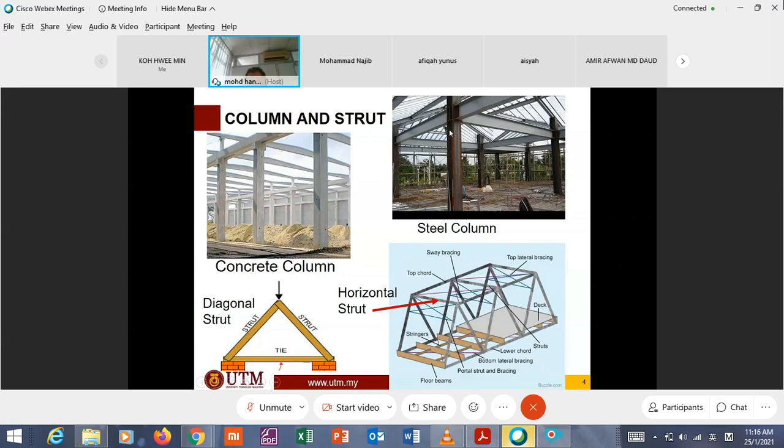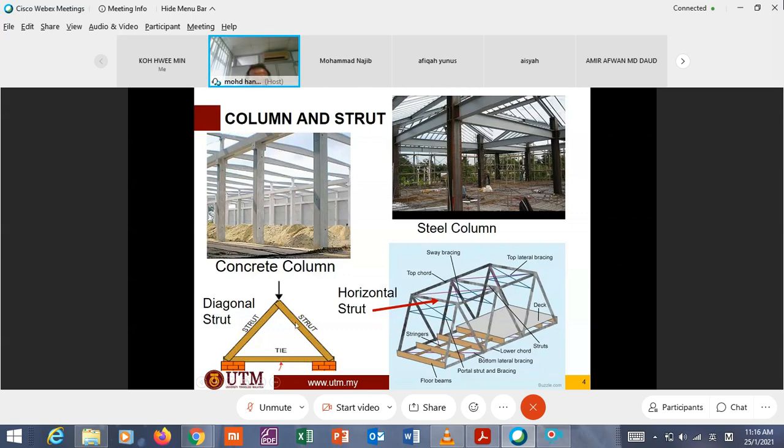This is the difference between steel column and concrete column. The advantage of steel column has been discussed in construction material, and also in first year introduction.